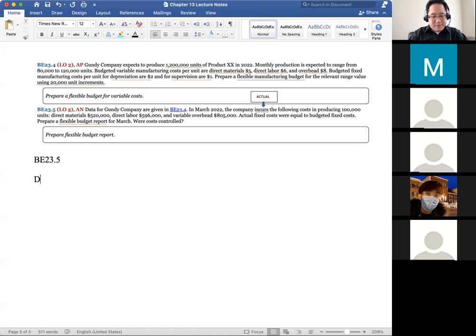They have, let's make a list here. Direct materials. Okay, so we want to put budget. We can say actual, and then we can also even do a variance. So direct materials actually were 520,000.